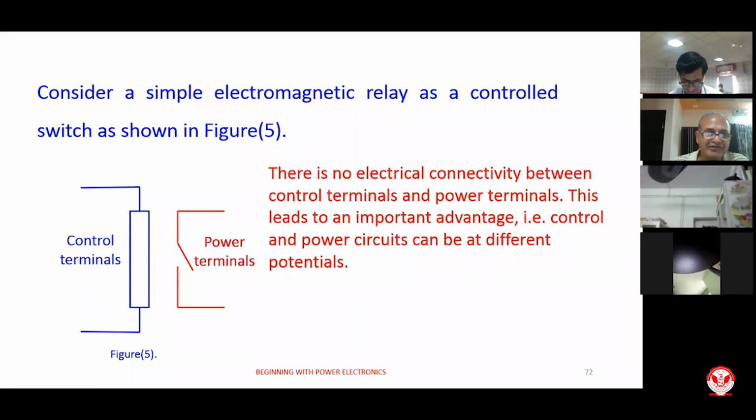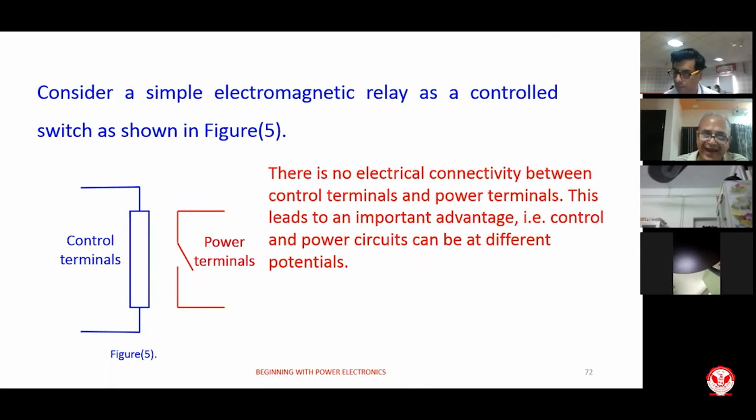My control circuit, from where the coil energizing current is coming, has nothing to do with the power circuit. So I can have a separate 12 volt power supply and some switching circuitry that will switch the relay, and power terminals will be closed, and power will not at all enter into my control circuit.